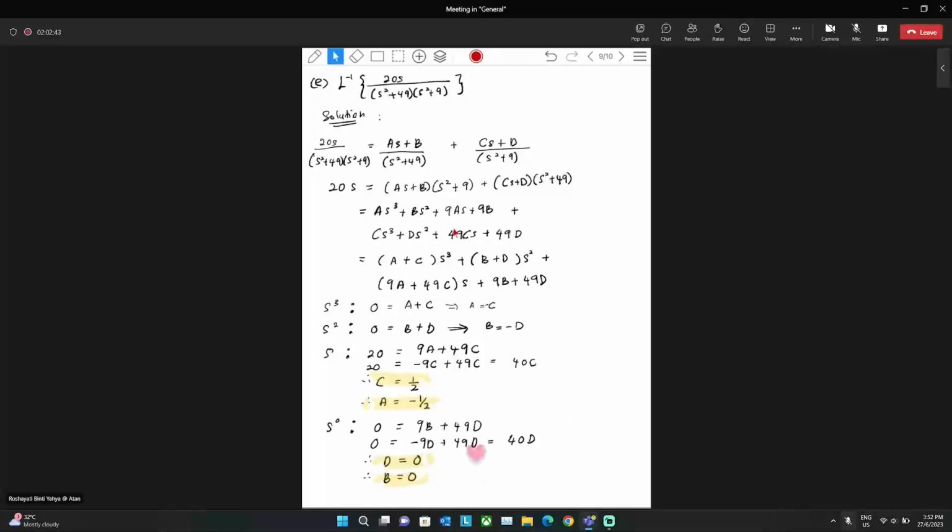And then this 49D also we can consider as equating coefficients, but not for s, for s to the power of 0, a constant. Or is your question how do we determine whether we have to use that method, equating coefficients, or not?